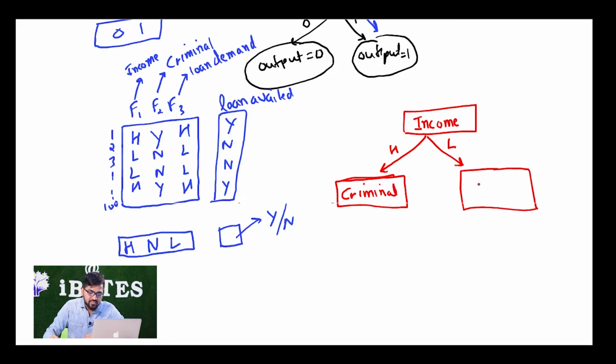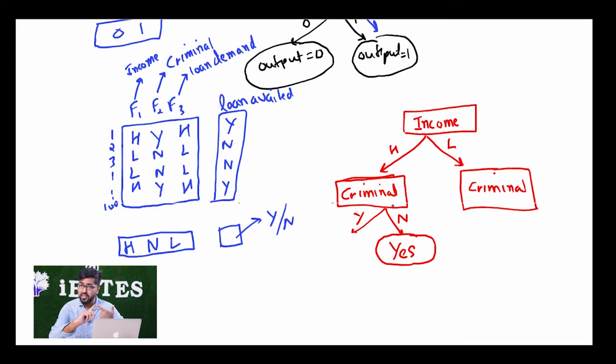In both cases, we will check for criminal. Let's say his income is high and he is not a criminal. There are two cases, yes and no. If he is not a criminal, then we will simply say that person should get a loan, because his income is very high and he is not a criminal. Let's not even look at loan demand, let's straight away give it.